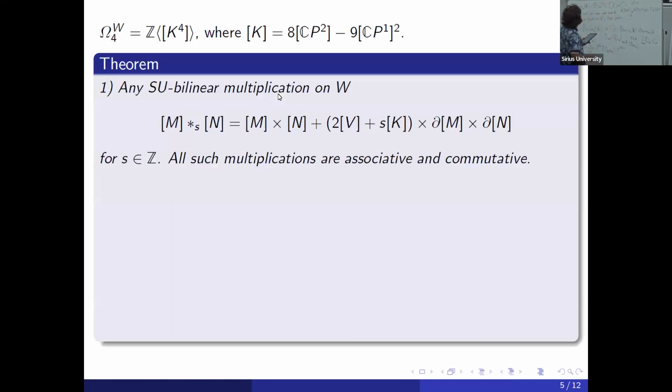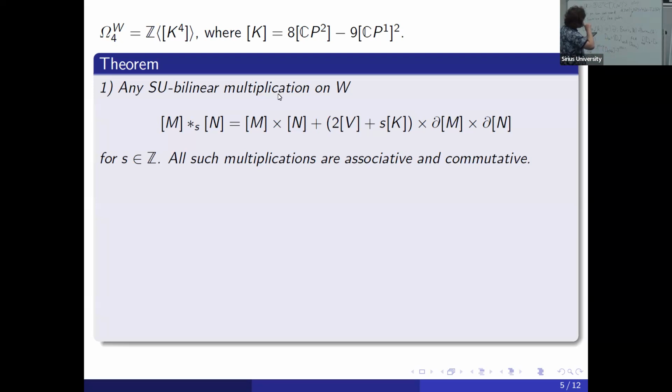Then we have the following result. For example, first we can classify all SU bilinear multiplications. In fact, we can classify all SU linear operations in complex cobordism, and most of them vanish on the omega, and we can classify SU bilinear multiplications.